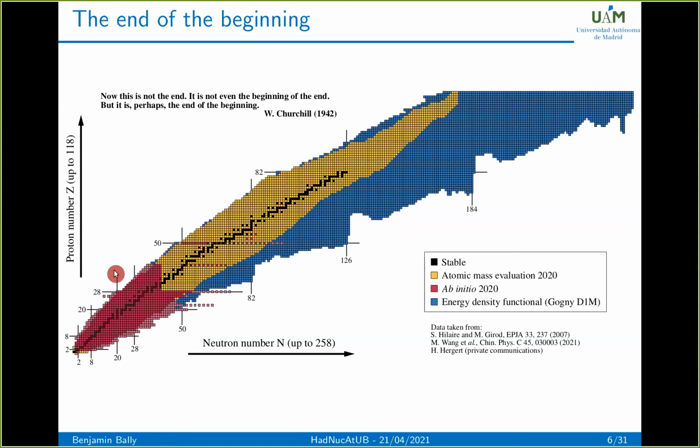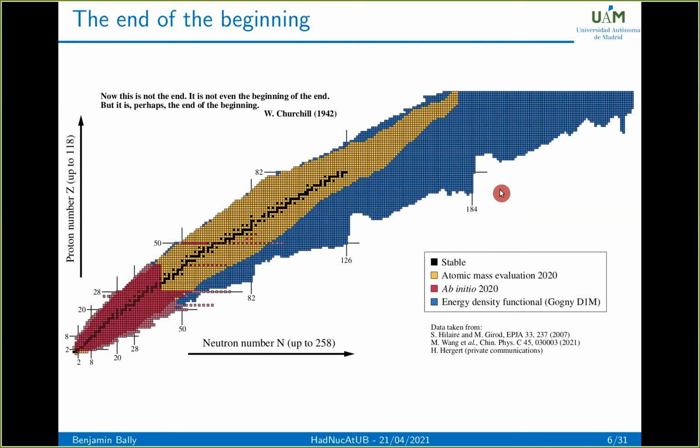So here I represent a much more zoomed out version, if you want, of the nuclear chart. In red, you have all the ab initio calculations I showed before. In yellow, you have all the nuclei we know that have been evaluated, at least in the atomic mass evaluation of 2020.